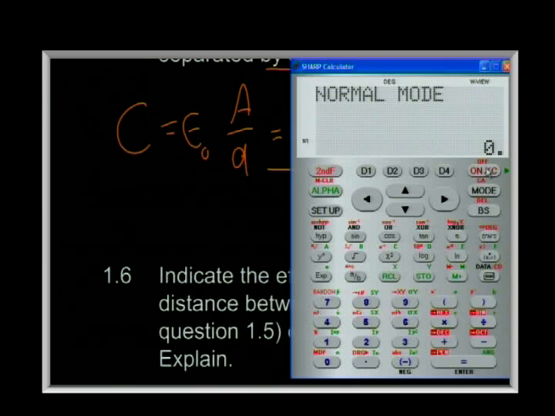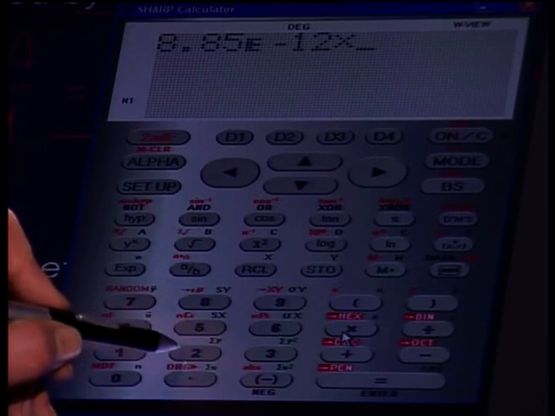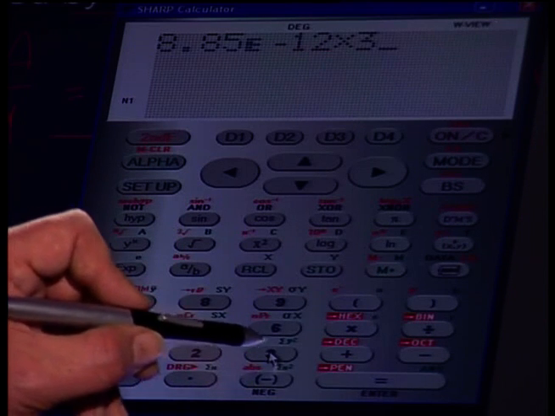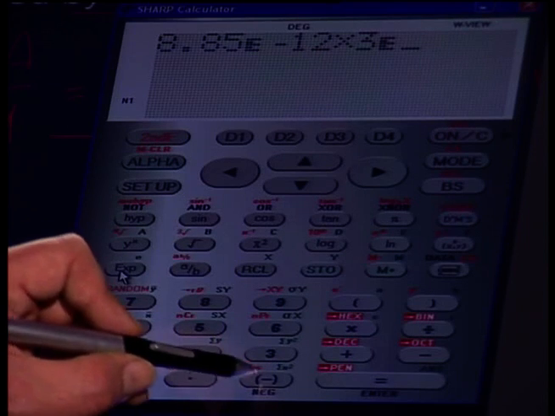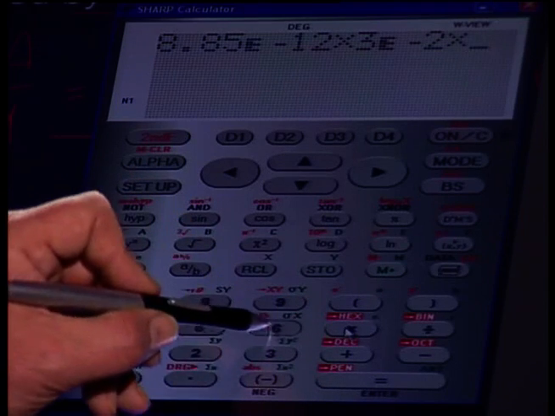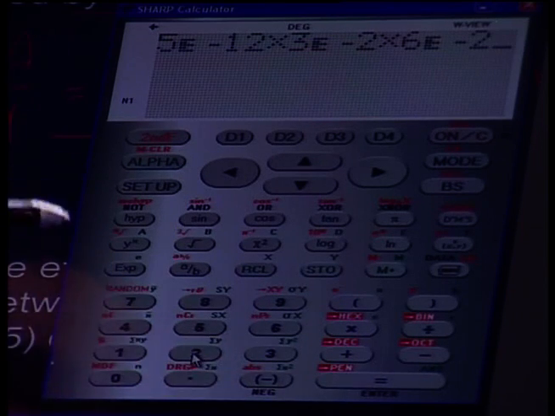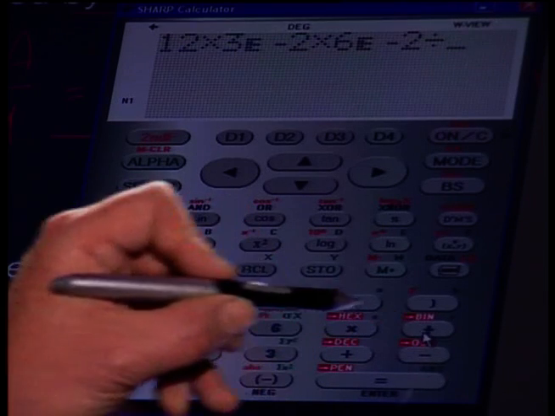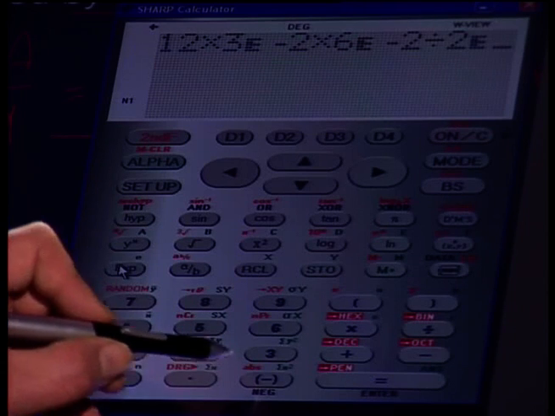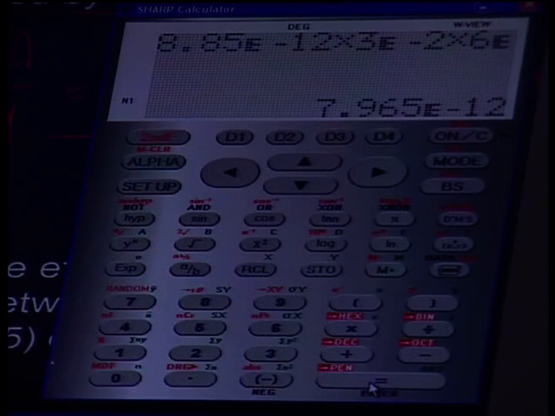So the first thing I'm going to do is 8,85 exponent minus 12 times, the first one was 3 exponent minus 2 times 6 exponent minus 2, and we want to divide that all by 2 millimeters, which is divided by 2 exponent minus 3.